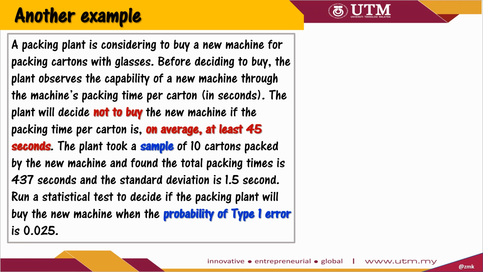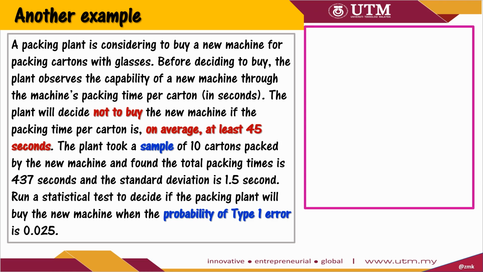Once we glance through the question, again identify or recognize the information provided in the question. Here we have the sample size is 10, that is n equal to 10. Next, do we have the sample mean? It's not given directly in the question, right?